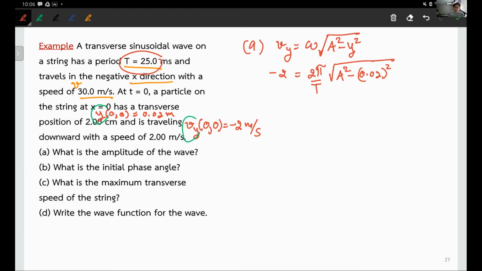Now for part B, they want to figure out what phi naught equals. For this one, I'm not going to show you now because I think it will get more complicated out of nothing. If you really like, I'll show you roughly what it means, but you don't have to worry too much about it, because in the exam we are not trying to do anything with phi naught.